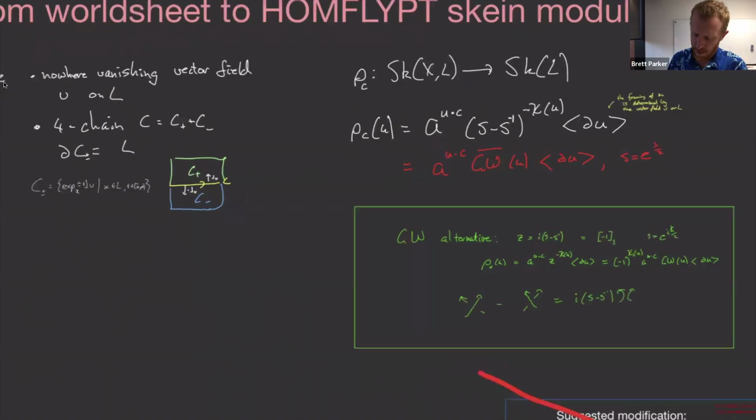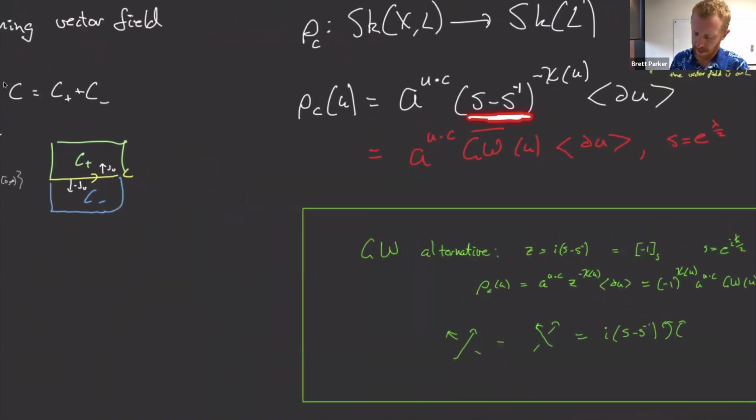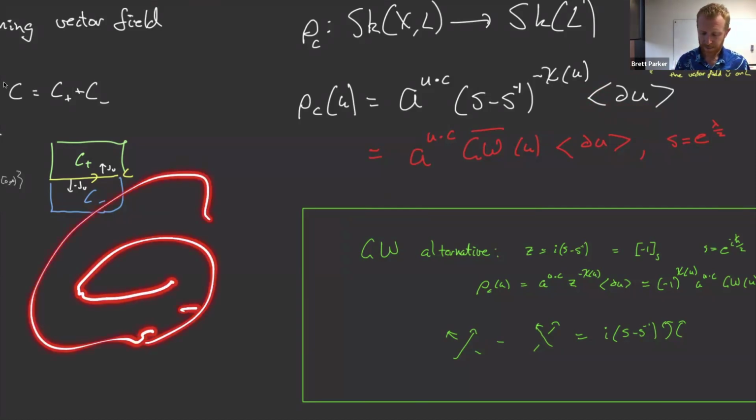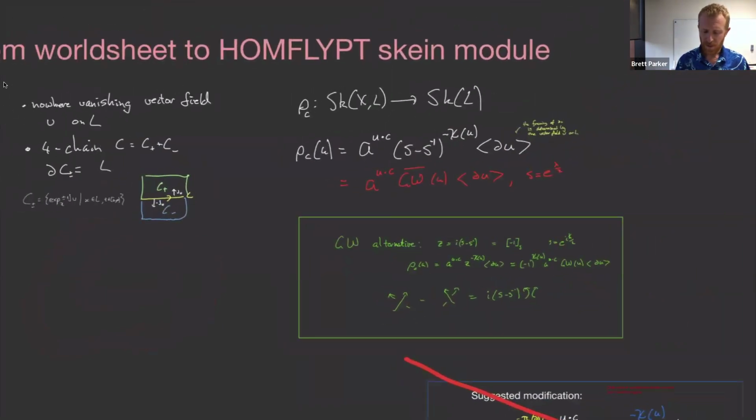And you have this parameter S minus S inverse to the power of minus the Euler characteristic of your curve, and you multiply that by, here, the boundary of the curve gives you an oriented link, and using this vector field V, you get a framing for that link.